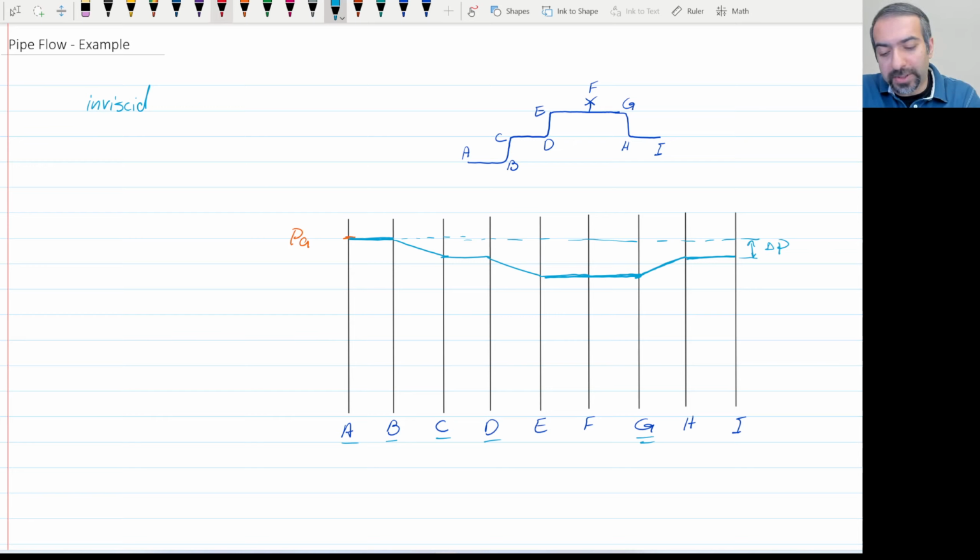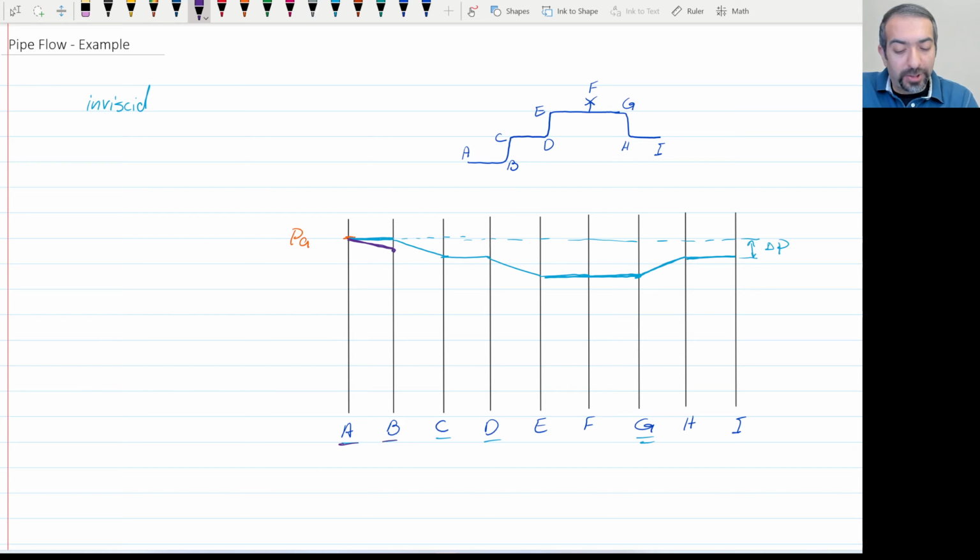It becomes really interesting. If we take viscosity into account, and I'm going to show that by this color, from A to B there is a pressure drop, right? It's not going to be straight. There's going to be a pressure drop because of viscosity. From B to C, we have a pressure drop because of moving against gravity.